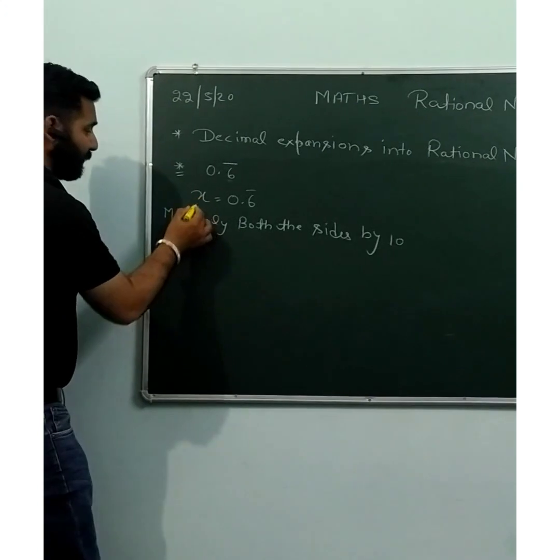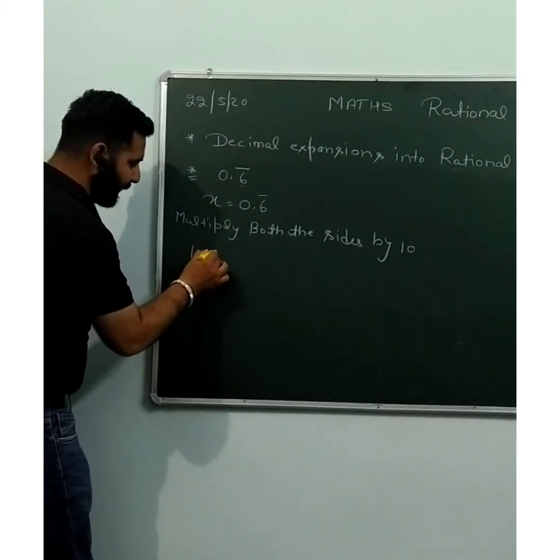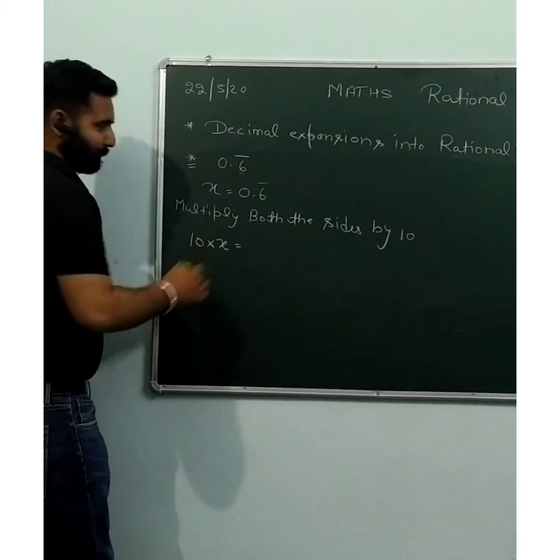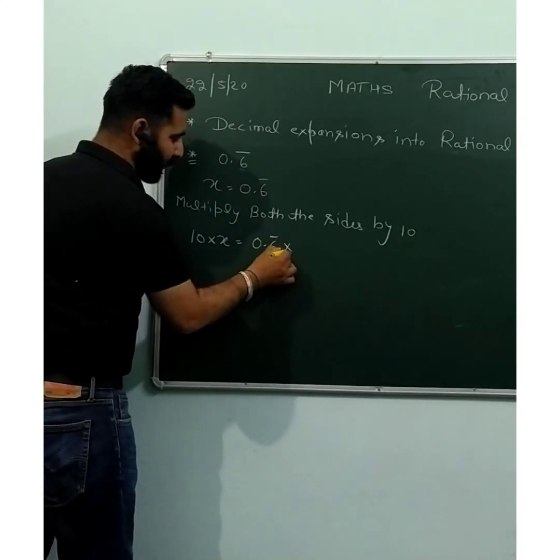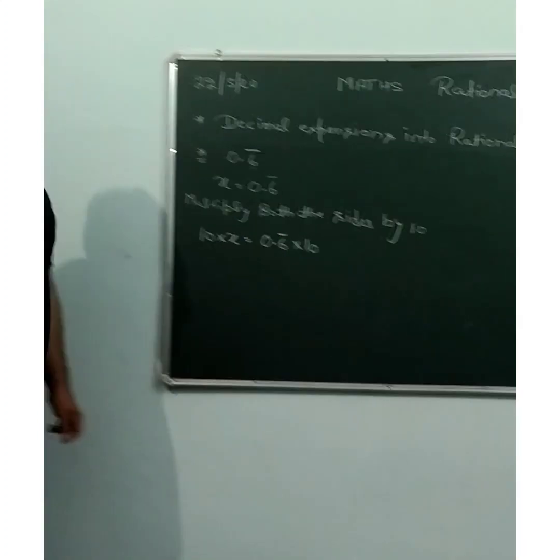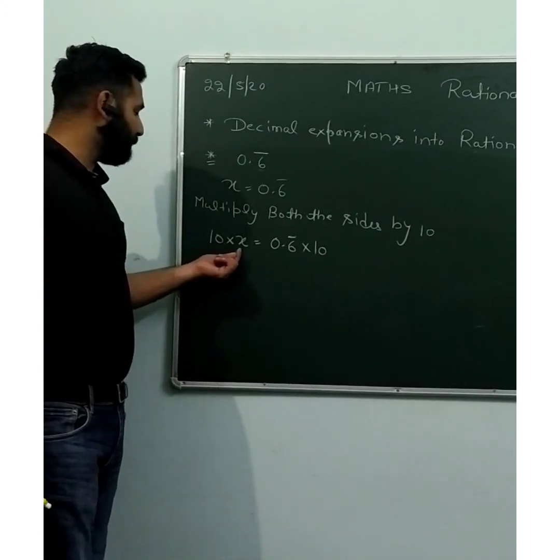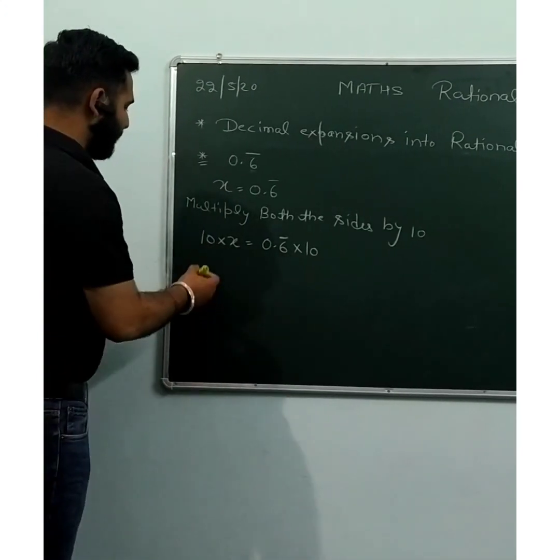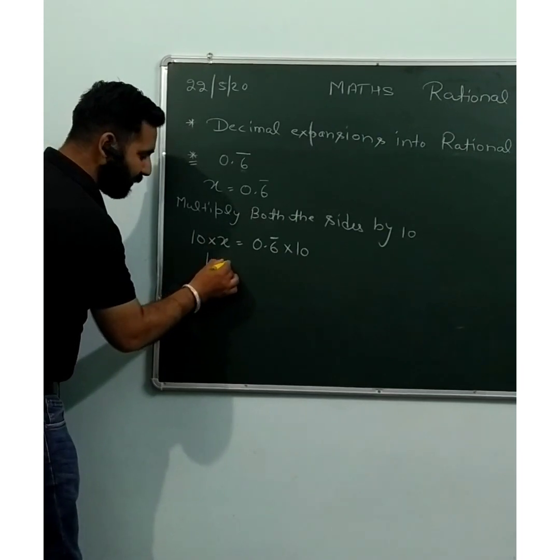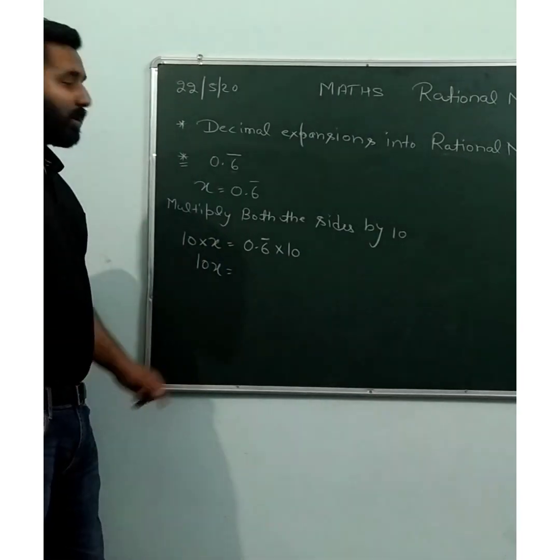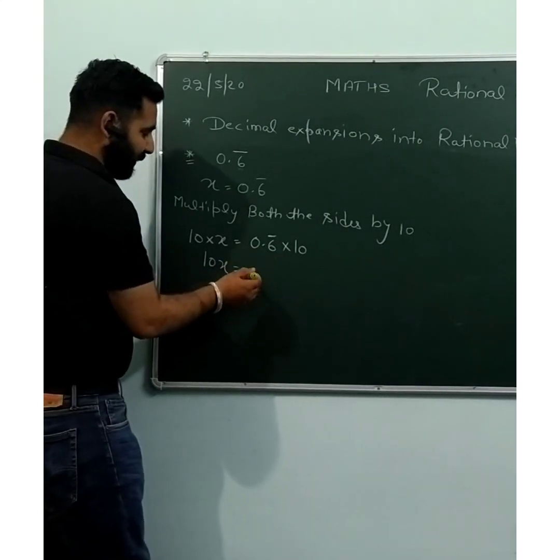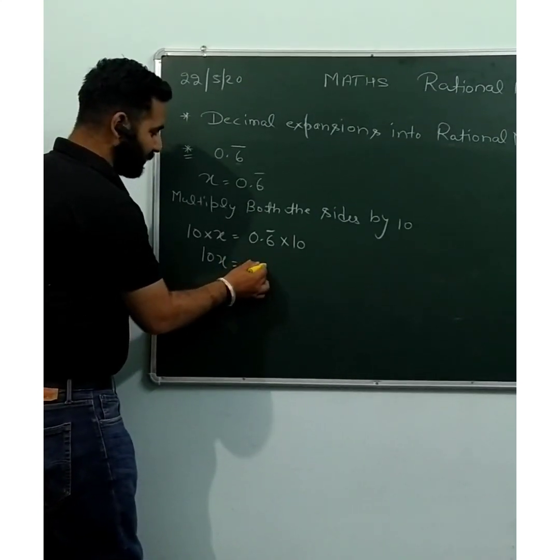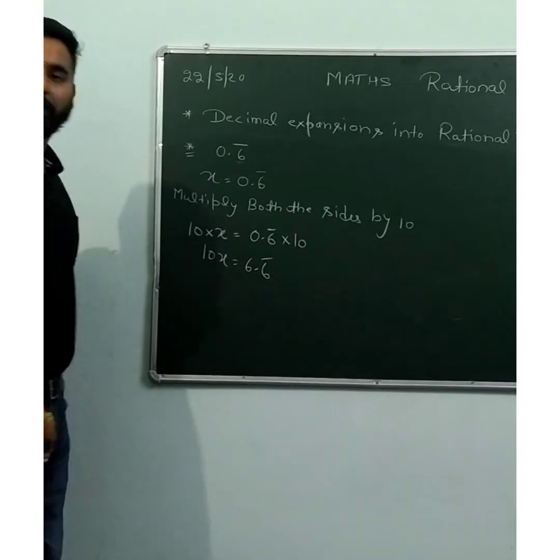If you multiply this side by 10, it will become 10 multiplied by x, and this side 0.6 bar multiplied by 10. We all know whenever we multiply x with 10, it becomes 10x, and the decimal will shift one place to the right because we are multiplying.